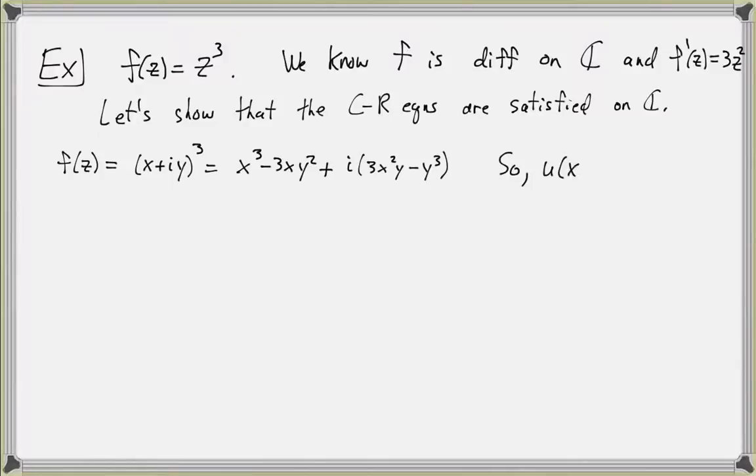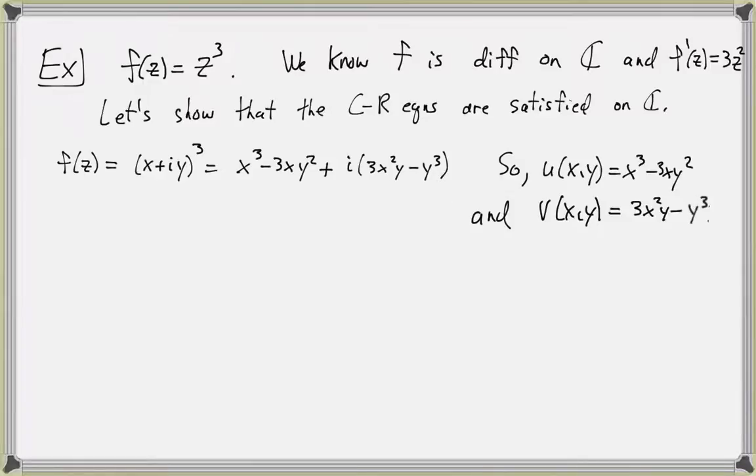So the real part u of xy is x cubed minus 3xy squared, and v of xy will equal 3x squared y minus y cubed.